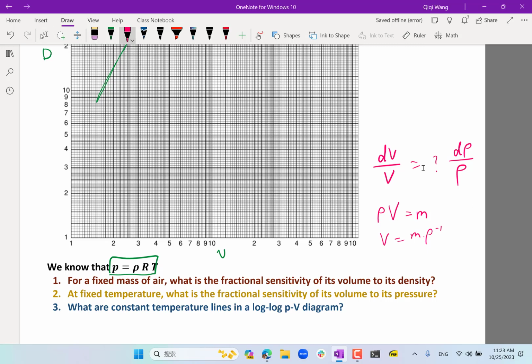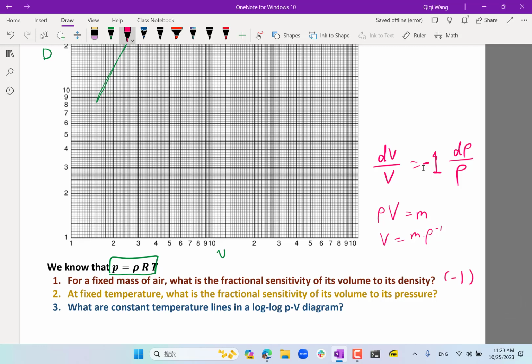So what we have is dv over v should be equal to -1 times d rho over rho. So for the same mass, if I expand it by 1%, the density is going to decrease by 1%. If volume increases by 1%, density decreases by 1%. Volume decreasing by 1%, density is going to increase by 1%. Agreed? So the answer is -1.